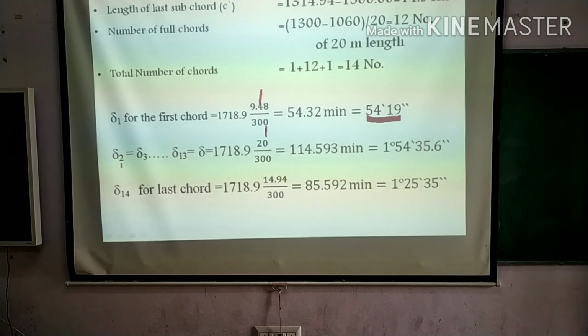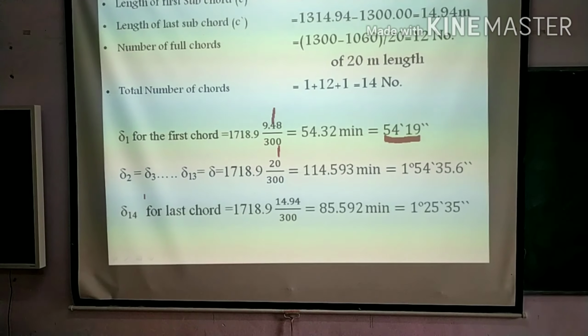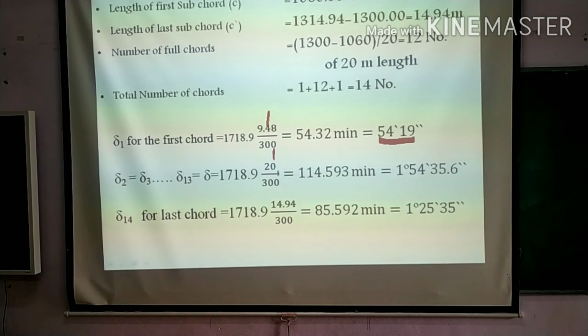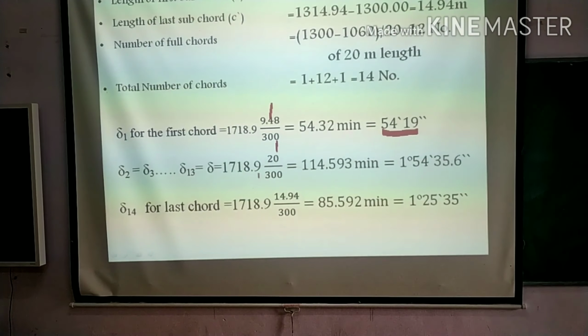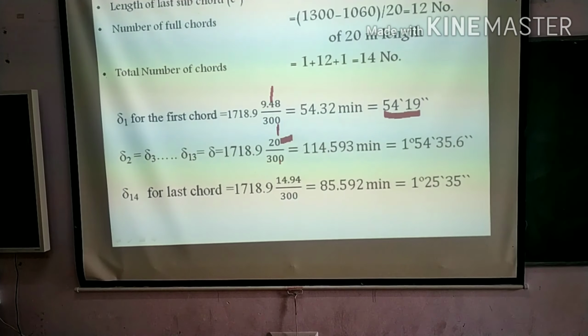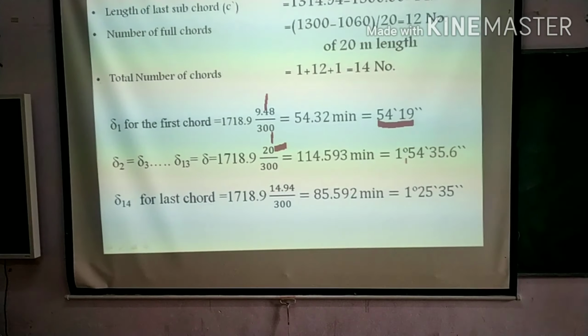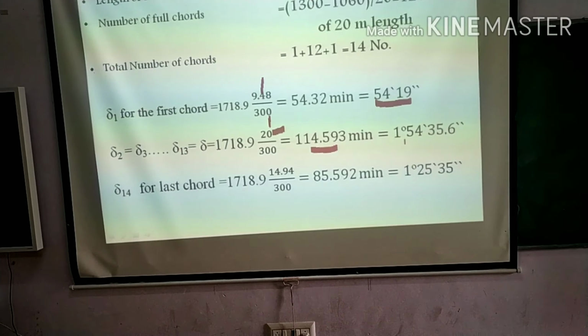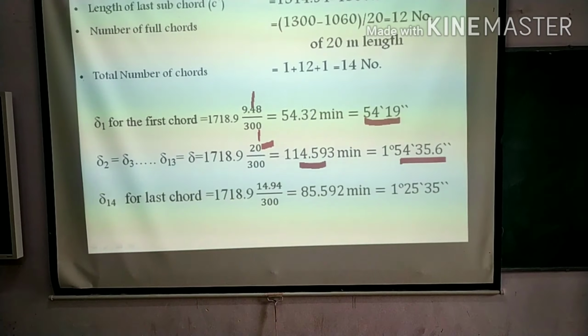The deflection angles delta 2 to delta 13 are equal to 1718.9 C by 300, where C is the length of the normal chords, which is 20. The angle would be 114.59 minutes, which is 1 degree 54 minutes 35.6 seconds.